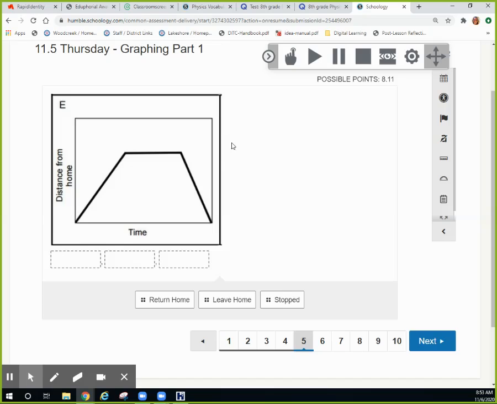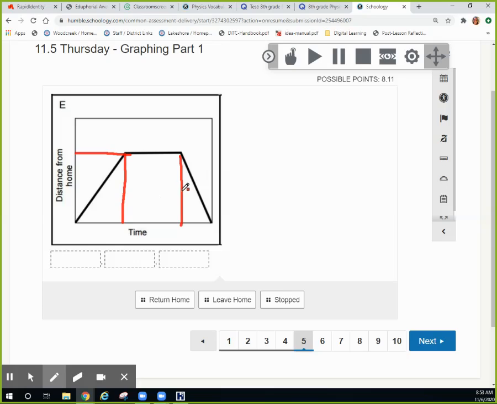Okay, so again, let's tell a story. This person is moving pretty quickly away from home. They stopped for a significant period of time, right? When I draw time, when I see somebody stopped, I always like to draw my lines down so that I can show that their distance didn't change for a long period of time, because time's still going on.